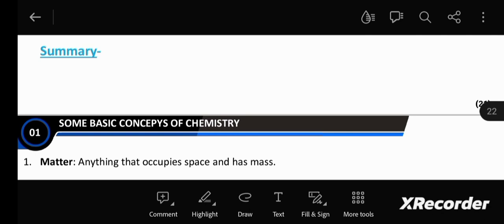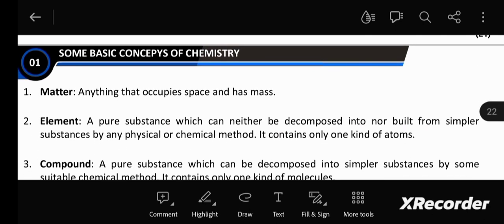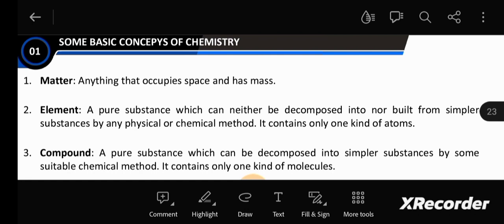Now here is some summary of this chapter. I hope you get all the basic concepts of this chapter. Now first you have matter. I have already told you, anything that occupies space and has mass.